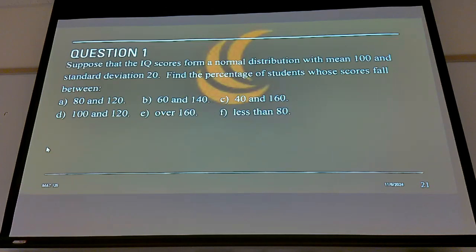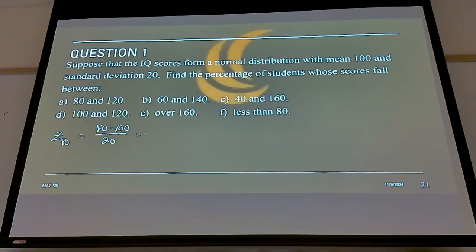Find the percentage of students whose scores fall between, so start with between 80 and 120. The first thing we have to do is convert them to z-scores. 80 minus the mean over the standard deviation.